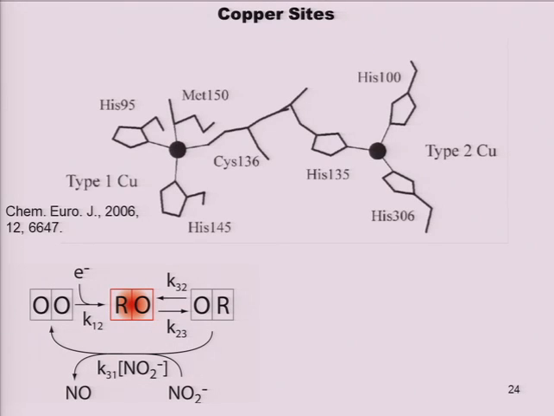Ultimately, we asked this question and then almost regretted asking it. So here's a zoom in of my type 1 copper center and type 2 copper center. Why would the electron transfer rate change as a function of substrate concentration? There's been some suggestion that when you bind the substrate to that type 2 copper center, you change the energetics of that electron transfer, so you change the delta G term in your Marcus equation.